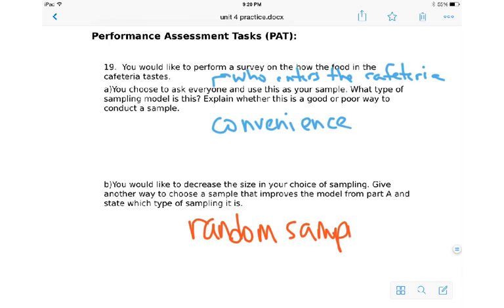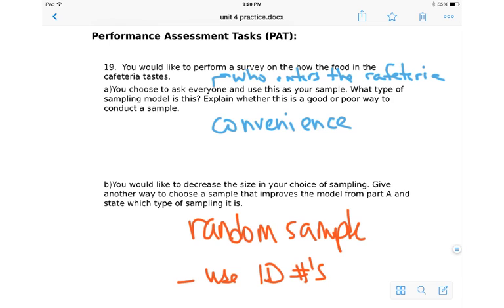The way a random sample of the student population works is you would probably use a random number generator to pick a certain number of ID numbers. And so you don't know anything about these people. You don't know who they are. You don't know if they eat in the cafeteria or not. That's going to give you a better random sampling of the population. So maybe you would use ID numbers to identify students. And that would be a better way to sample your population.